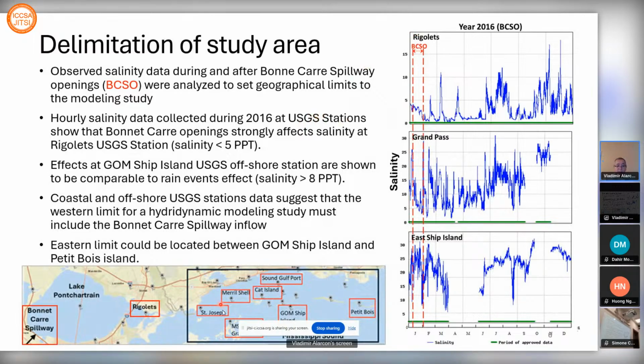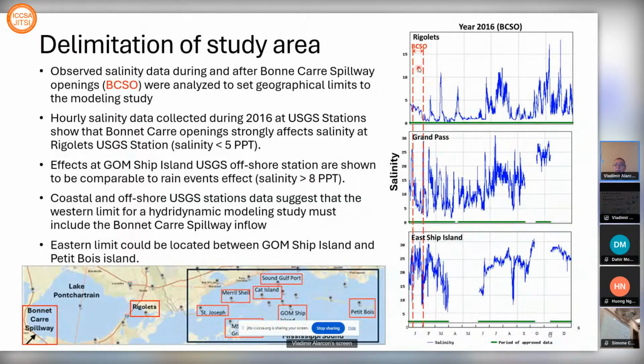The USGS has several stations located offshore and also close to the coast, along with a station in the Rigolets, this natural canal.